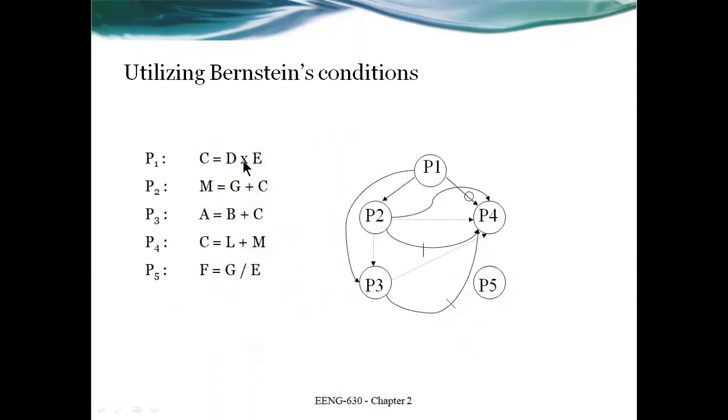So in the first case, D and E are multiplied and output is C. In the second process, G and C are added and it goes to M, and this C has come from the output of P1.